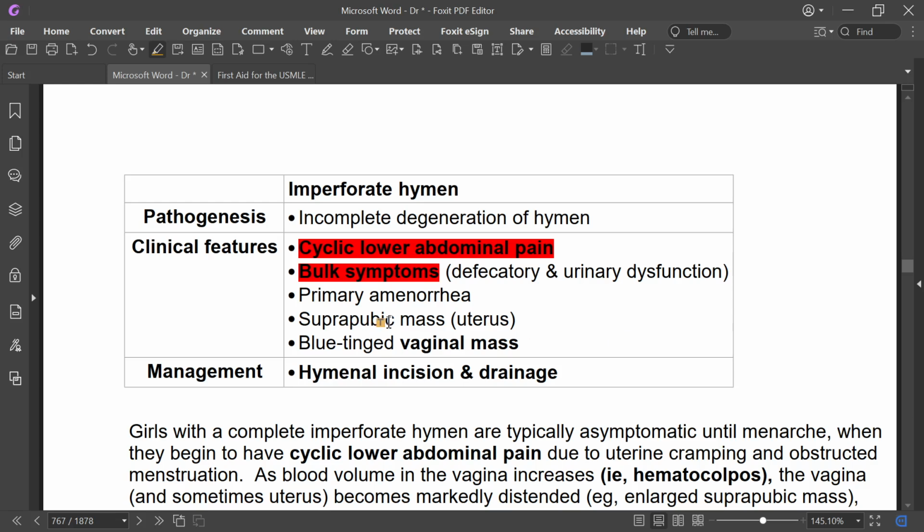There may be primary amenorrhea, a suprapubic mass, and a blue tinged vaginal mass. Hymenal incision and drainage should be done.